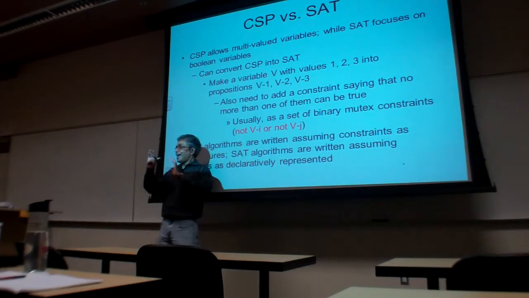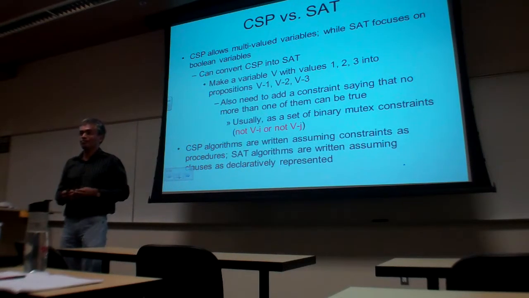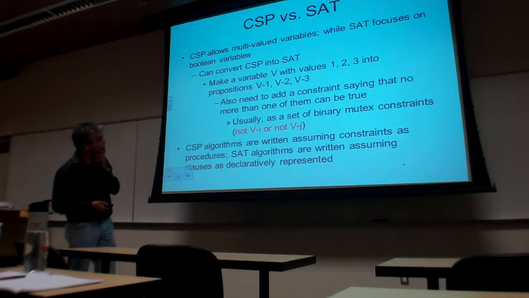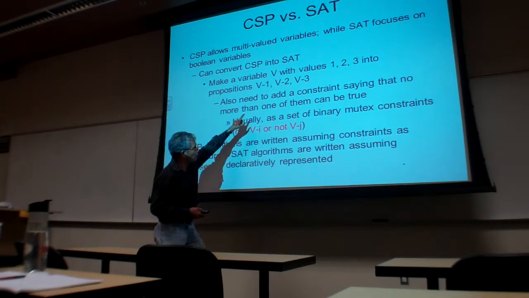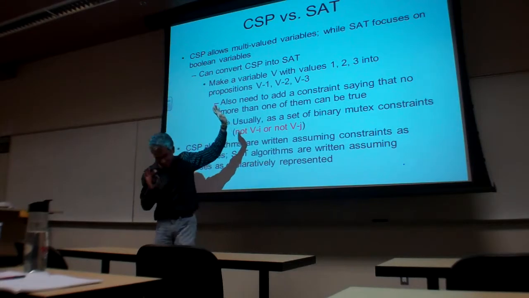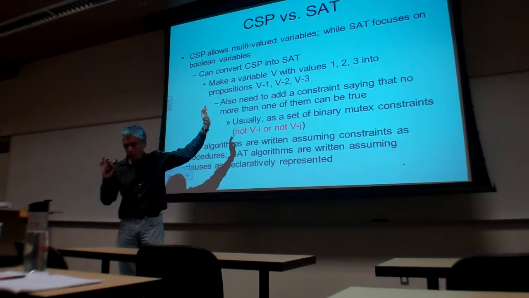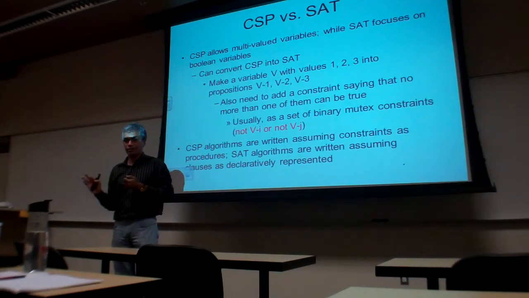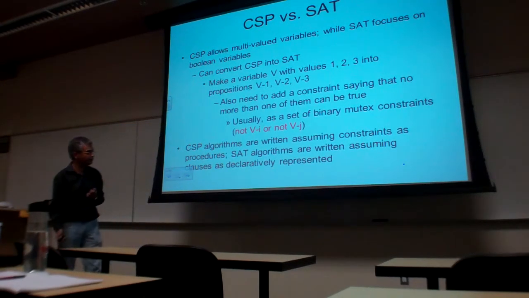If you write that, at least you made sure no two have the same value. Both of them cannot be true. So actually, I'm not sure whether I'm writing it right. English-wise, what I'm saying is you want only one of those values to be true. That's basically what I want. That should be written as a constraint.